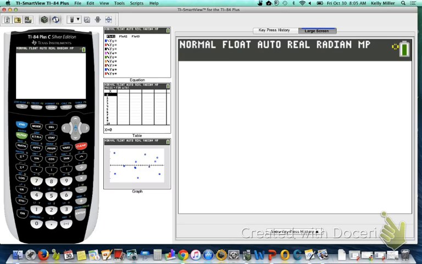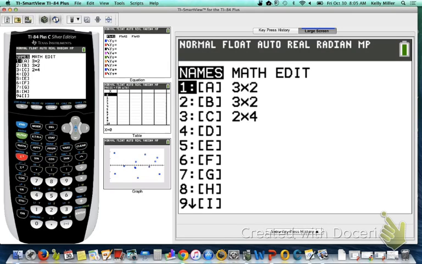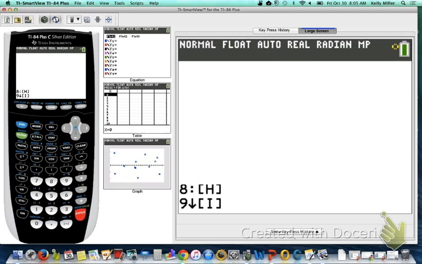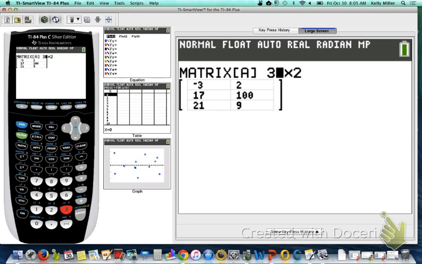Remember how to input numbers into a matrix. You hit second and then x to the negative 1 to get into the matrix. We want to go over and edit. Let's change A to a 3 by 3.